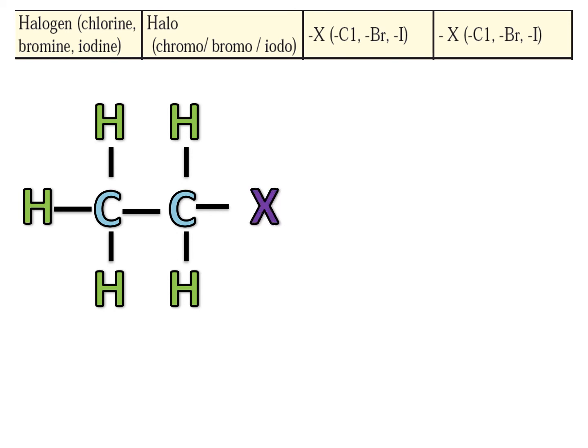Generally, I can write it as X. So when it is X, it means it can be either chloride, bromide, or iodide halogen. This is your example. In the same way, only Br is written. This is your example of the parent alkene with a halogen functional group. Now we move to the next group of functional groups.